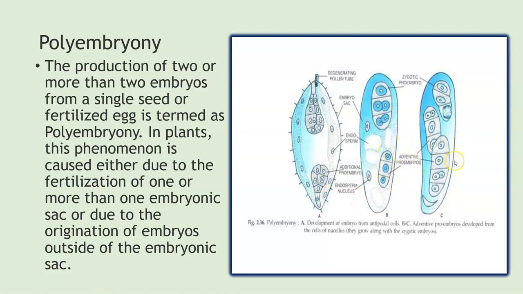These embryos develop from the cells of the nucellus. Now, the nucellus is the parenchymatous tissue which fills your embryo sac. So, if these cells suddenly start dividing or form an embryo, these embryos are called adventitious embryos. This phenomenon is called polyembryony. Multiple embryos develop.